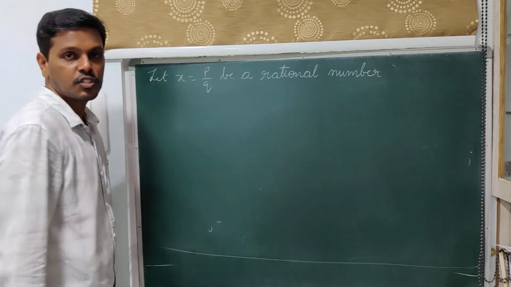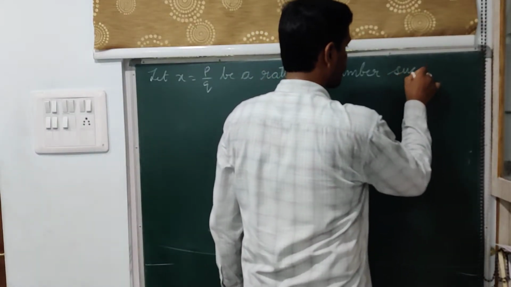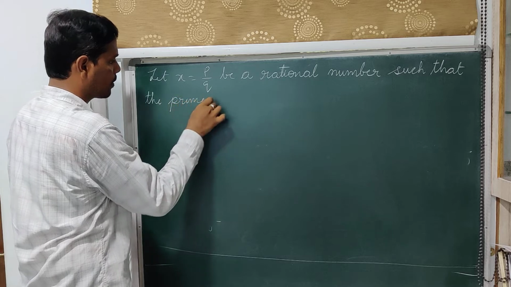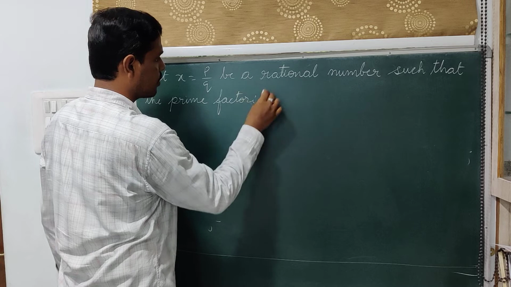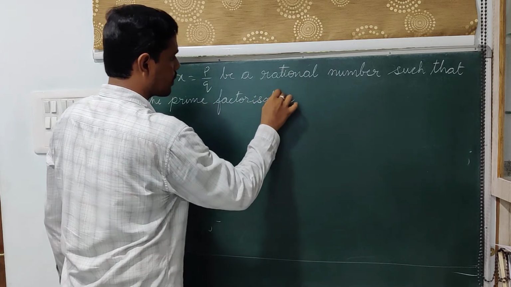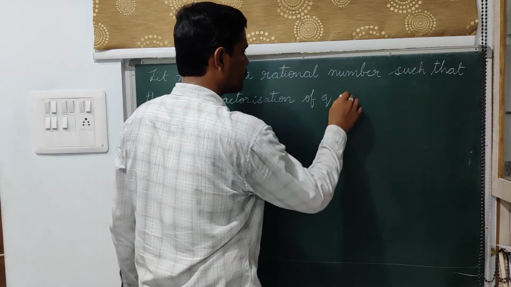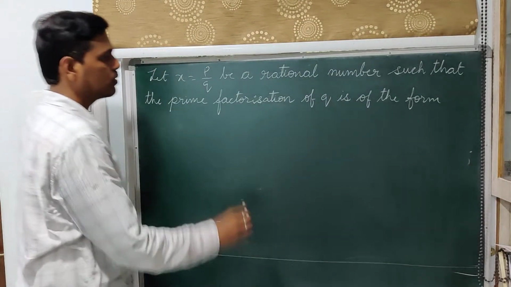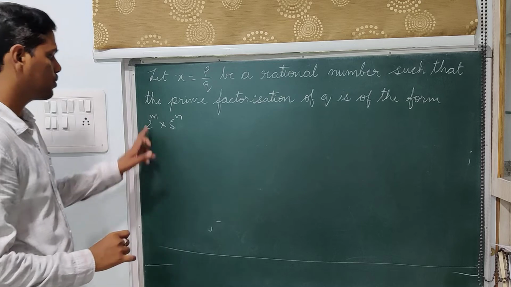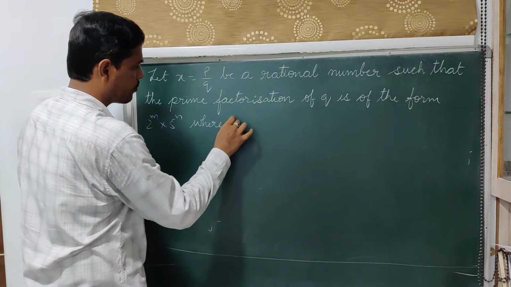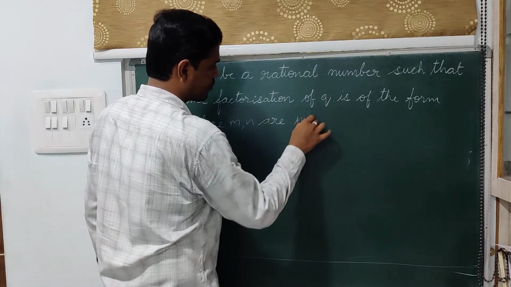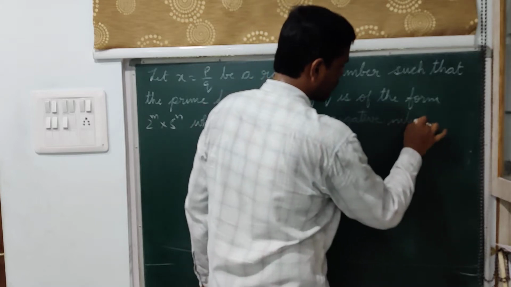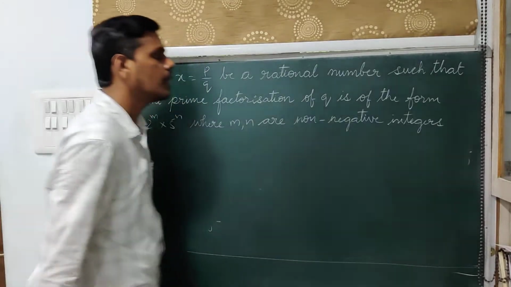So let x is equal to p by q be a rational number such that the prime factorization of q is of the form 2 power m into 5 power n, where m and n are non-negative integers.